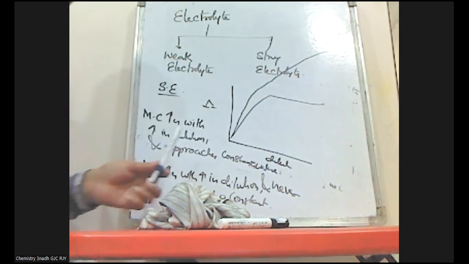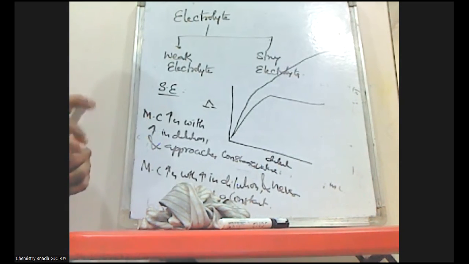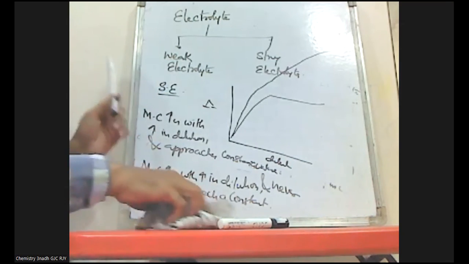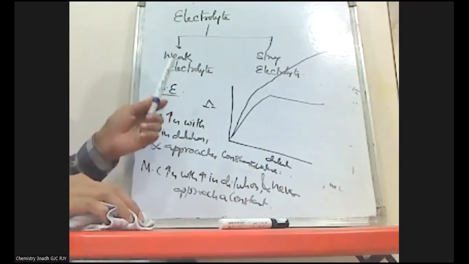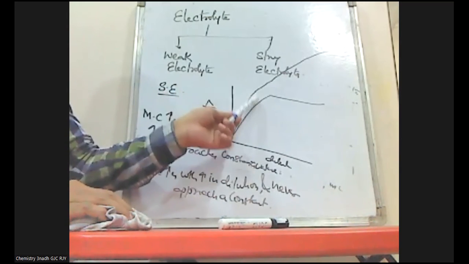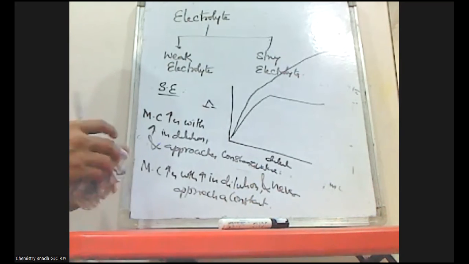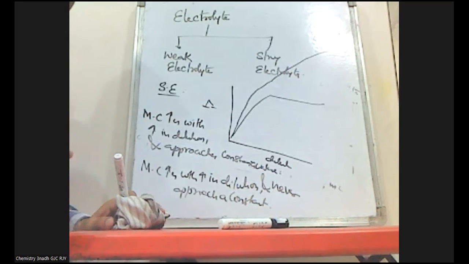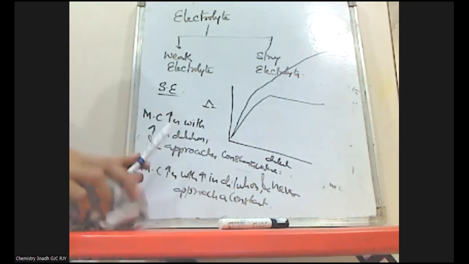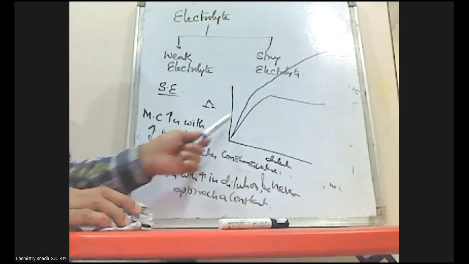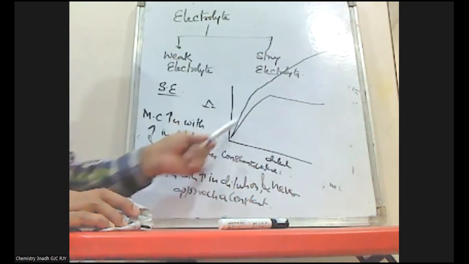So based on the molar conductance and what happens on dilution, the substances are classified into two types, strong and weak. Strong means molar conductance increases with increase in dilution and approaches a constant value. Whereas weak means the molar conductance increases with increase in dilution but never approaches a constant value, it keeps on increasing.